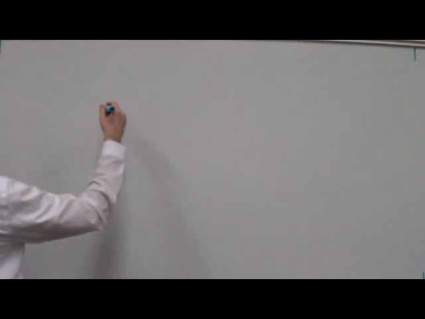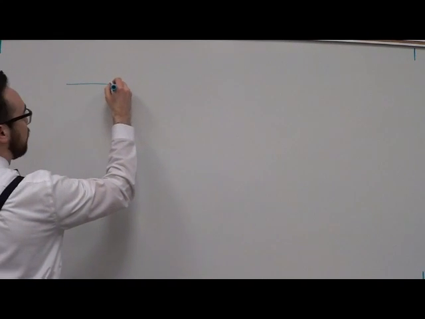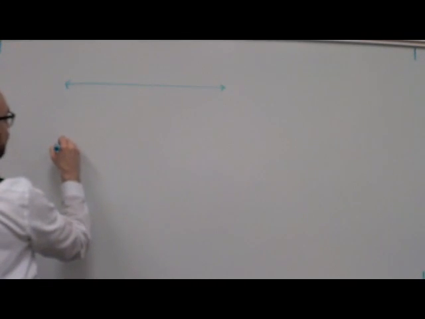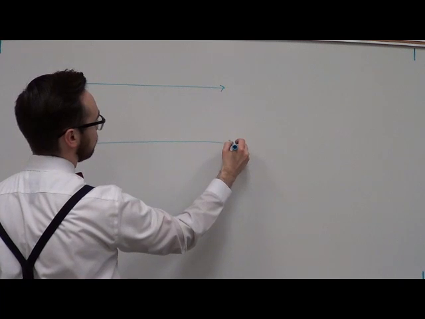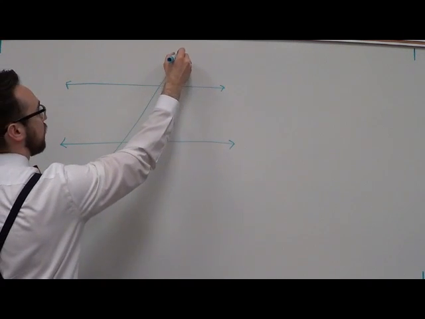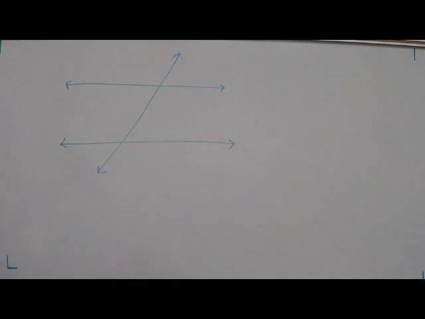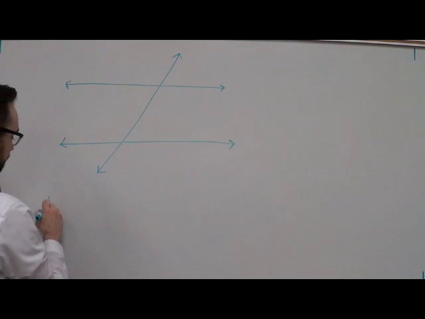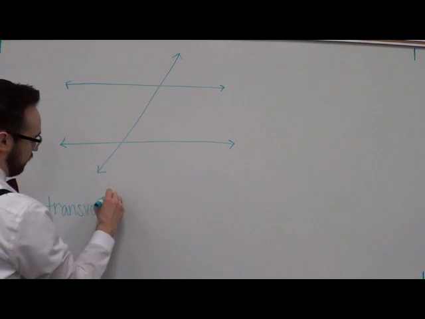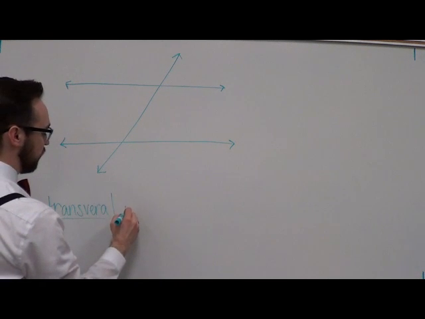Alright, and now I want to talk about a few other angle types. We know what parallel lines are, so I'm not going to go through and define those. But we are going to use some parallel lines here. And this line that cuts down through is called a transversal.